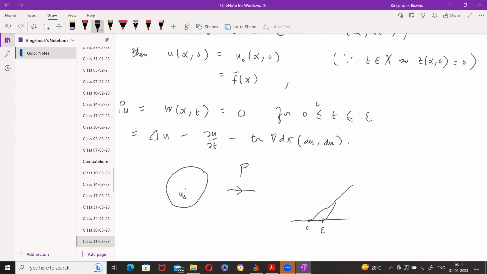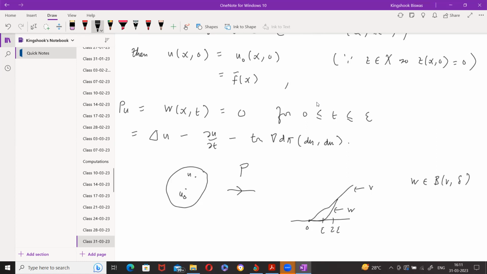And you can do this without changing the Holder norm too much. So this fellow is my V, and this guy is my W. And W is in a ball of radius delta around V. So by the inverse function theorem, you find a U which is close to U naught, which maps onto W. And that's it, you're done. Is this clear?